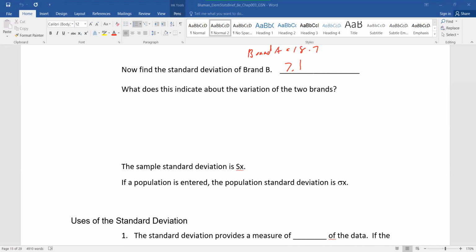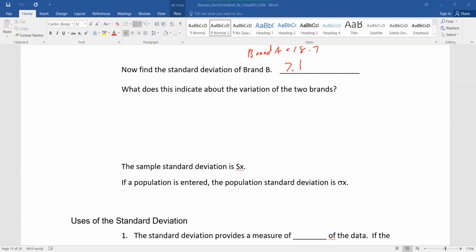What you need to know about standard deviation is the smaller your standard deviation number is, the closer your data is. So the larger your standard deviation is, the more spread out your data. So what we can conclude here is that brand B's data is closer together than brand A. And you kind of saw that, right? We saw like 10, 60, then a whole bunch of other stuff. And you saw on brand B that all of its data was kind of closer together.